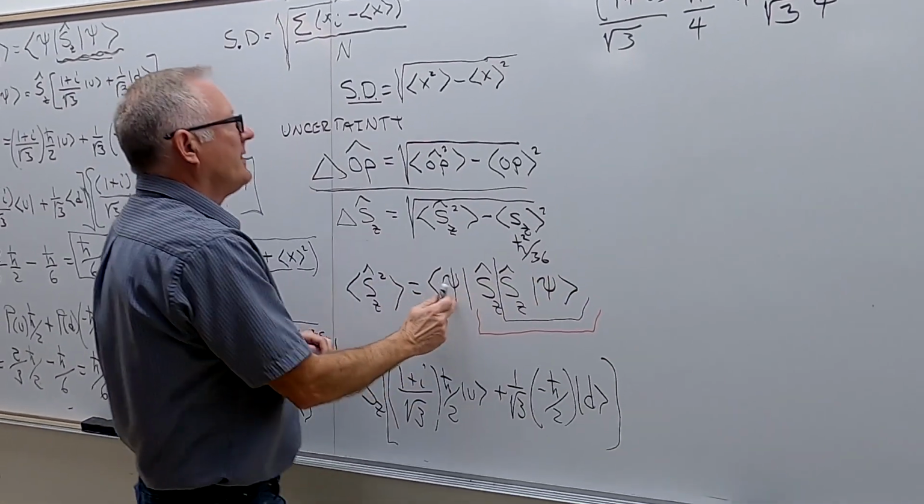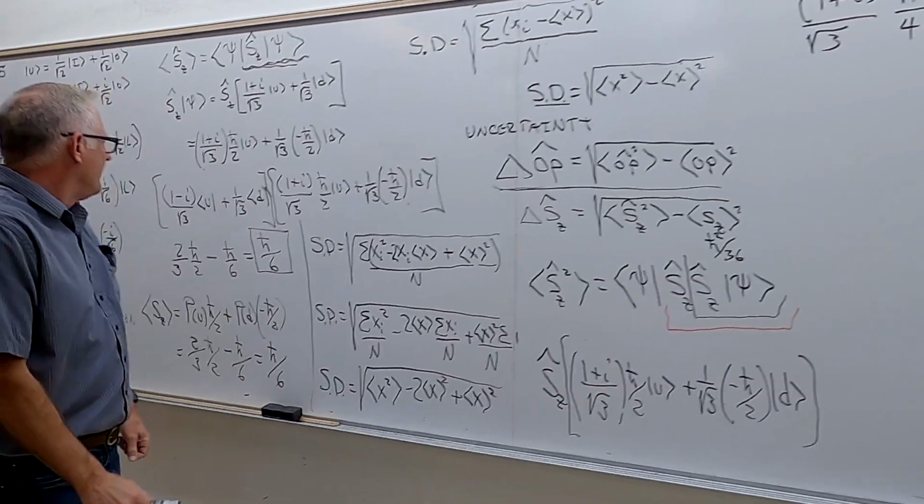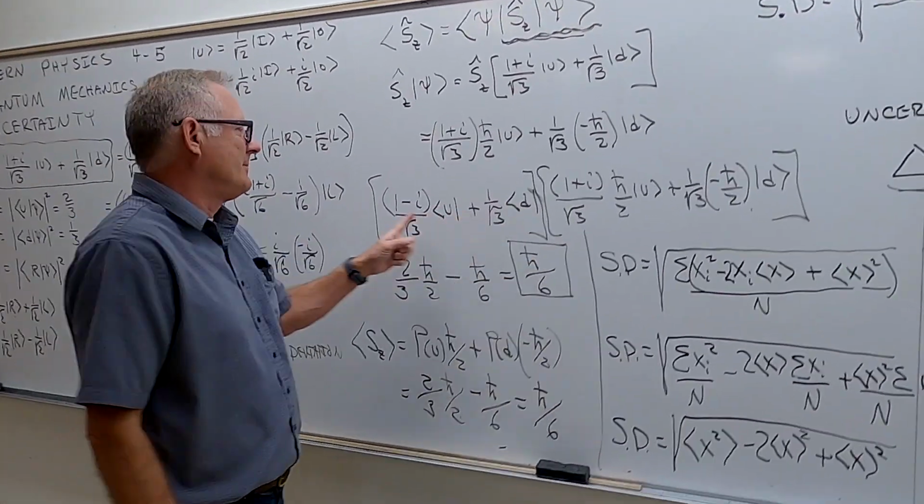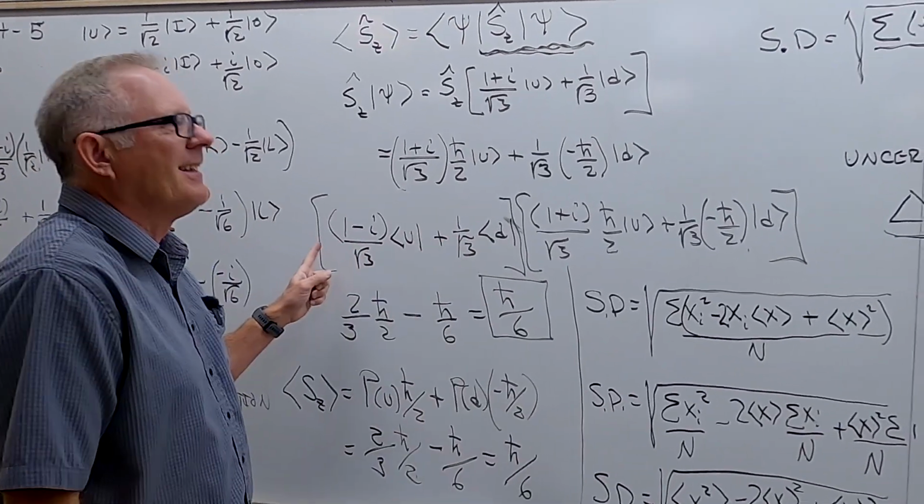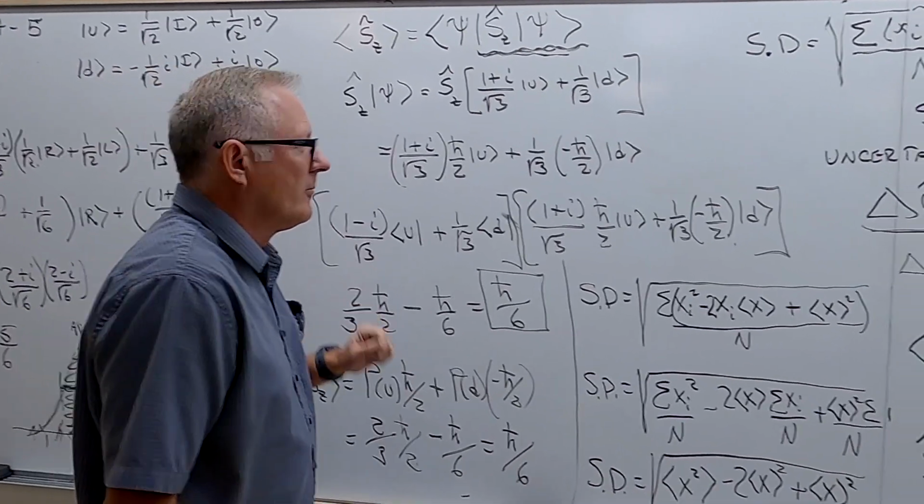Now I just have to put this at the beginning of it, like we did before. Remember that was my bra of psi, in front of it. So we'll write all that out.